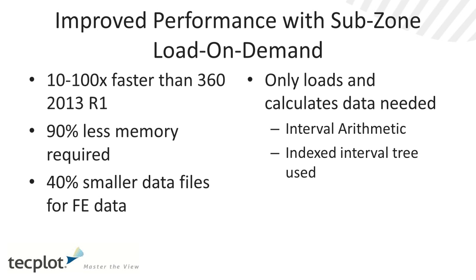Now on the calculation side, Darrell mentioned that now is mostly exploration, and going in the future is mostly analysis, but we do have quite a bit of analysis available with the subzone load on demand now. The way we do that is we only load the data we need and do the calculations on that data. So if you're going to do a slice, it only does the calculations on the subzones that span the slice.